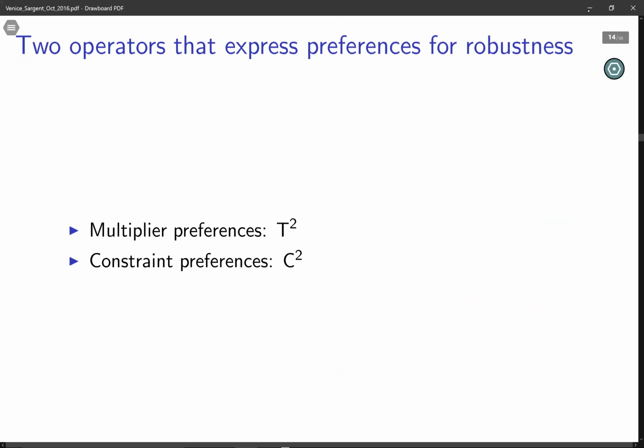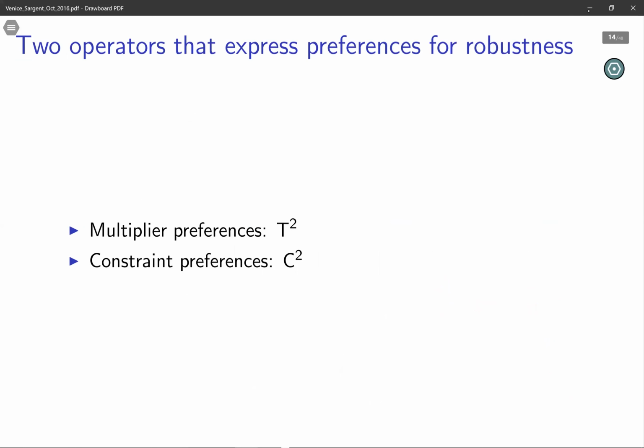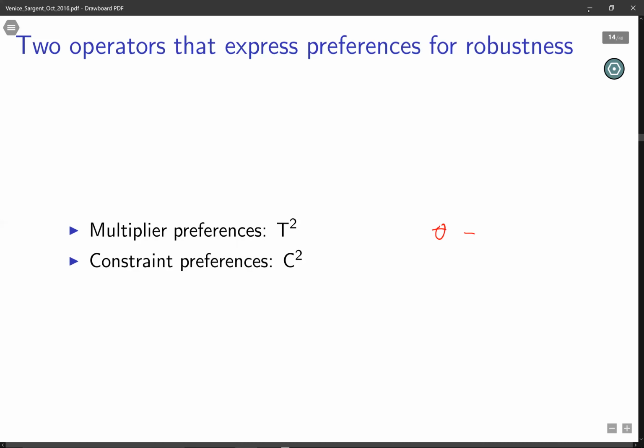So Lars and I are going to use two operators that express preferences for robustness, prior robustness. One we're going to call an operator associated with what Lars and I call multiplier preferences, and the other is an operator associated with constraint preferences. These are all about a parameter theta, a penalty parameter. Here it's going to look like the same parameter, but it's going to be a Lagrange multiplier.